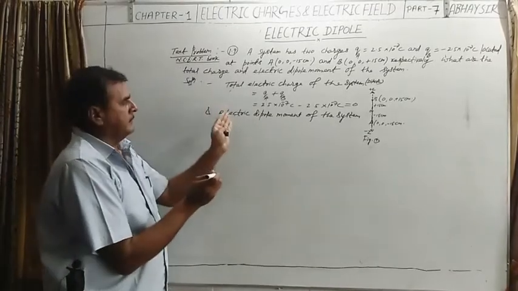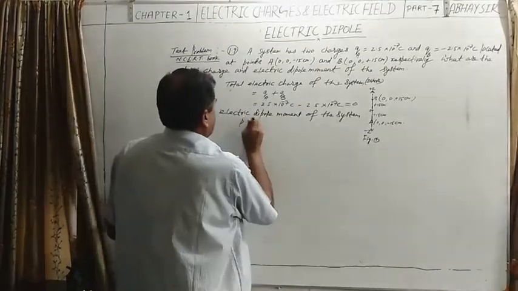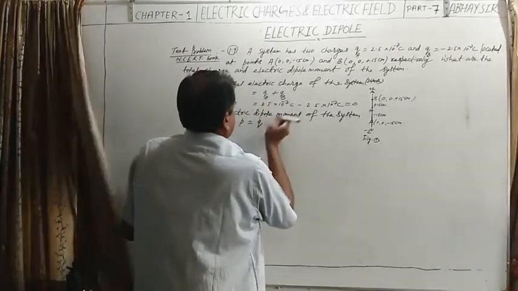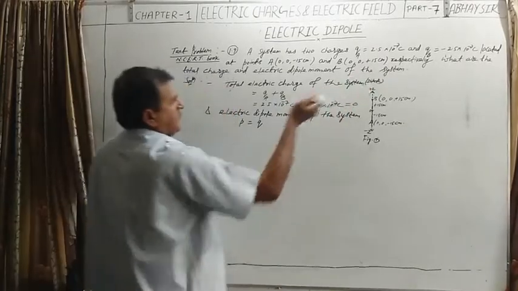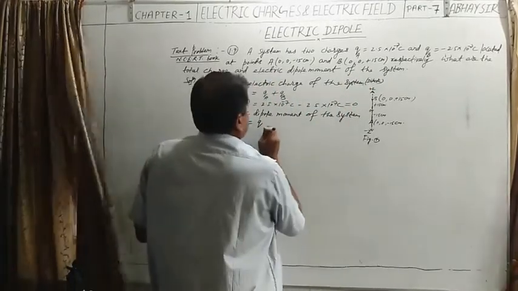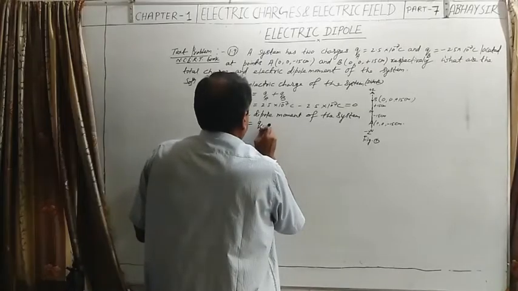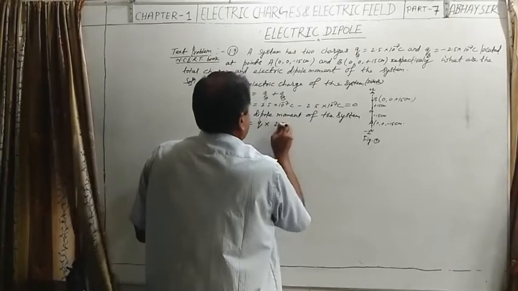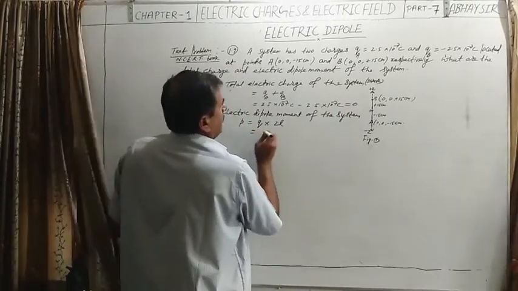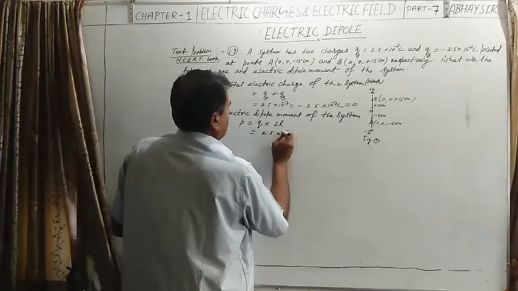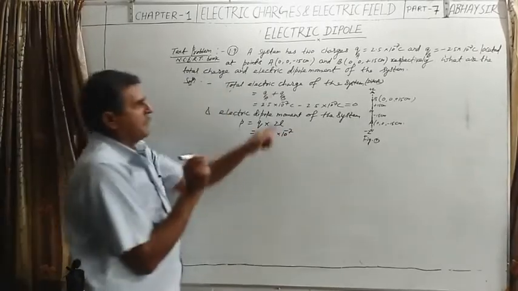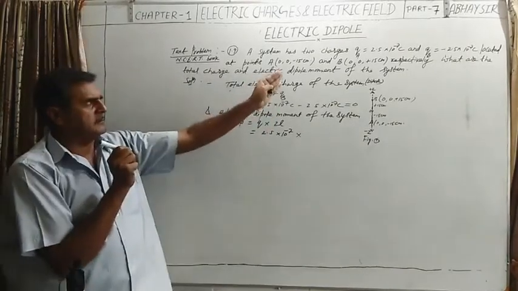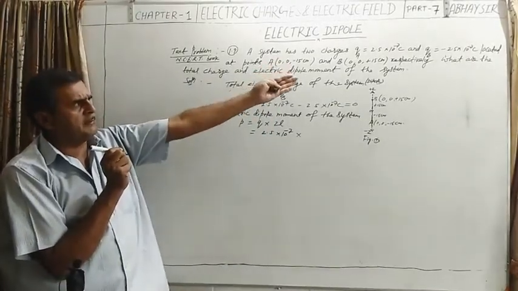The magnitude of P is equal to Q into 2L. Both charges are the same in magnitude; one is negative and the other positive. Either mod of QA or mod of QB is 2.5 into 10 to the power minus 7 coulomb, multiplied by the length 12.